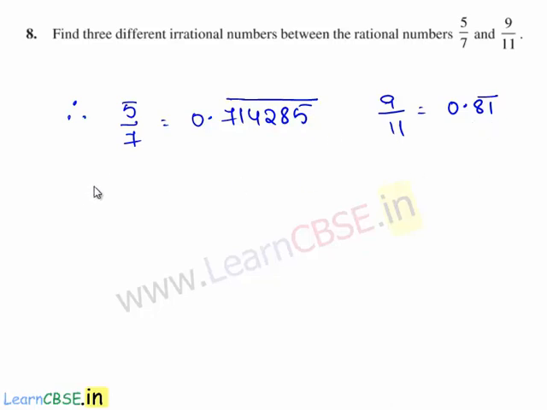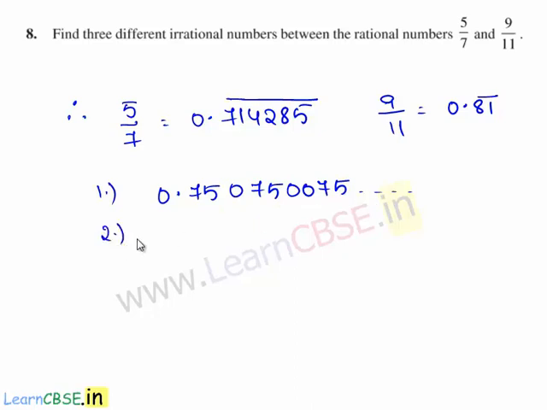These three different irrational numbers can be 0.75, 075, 0075 and so on, as here the decimal expansion is non-terminating and the digits are not repeating.